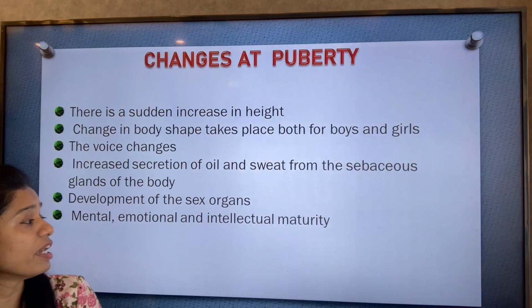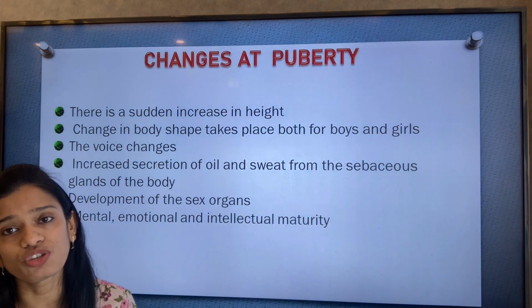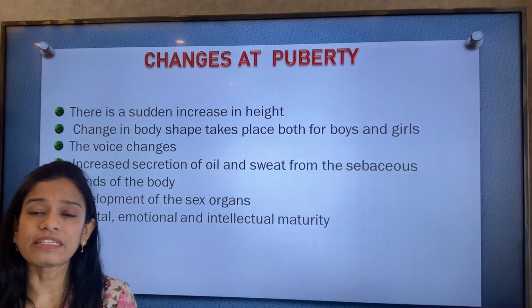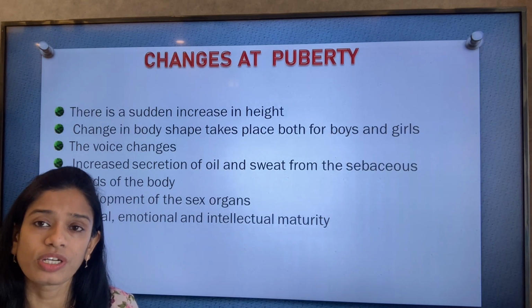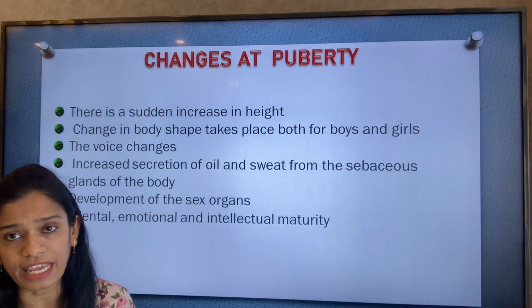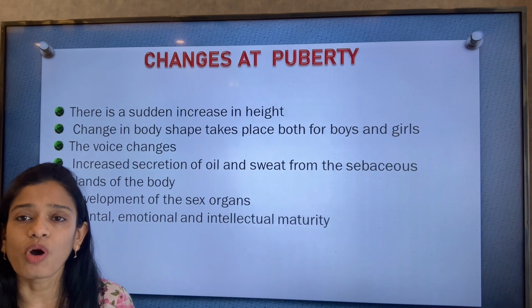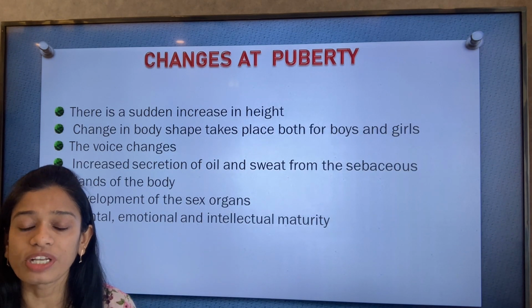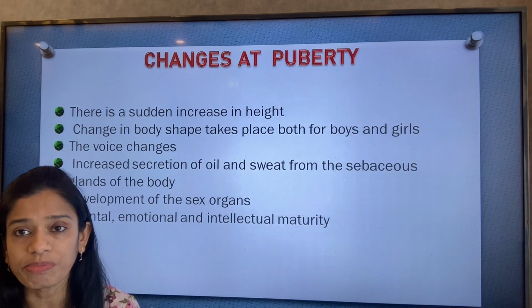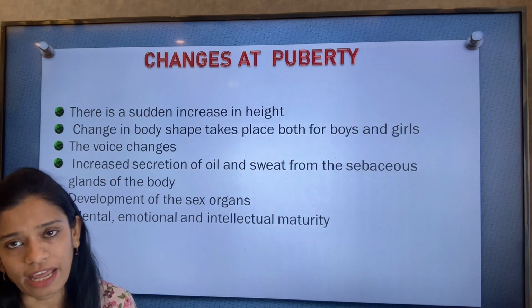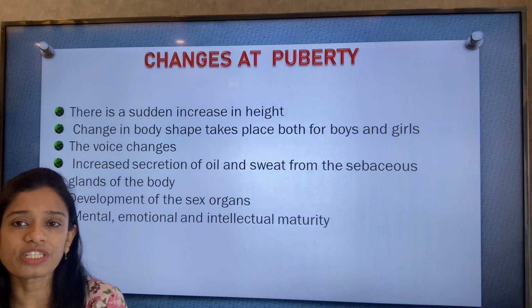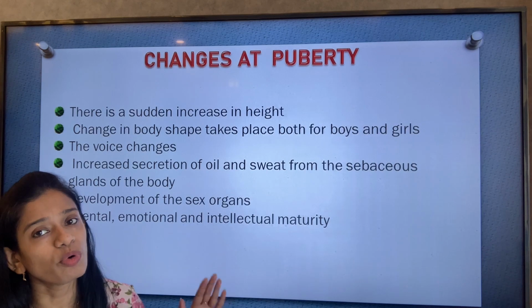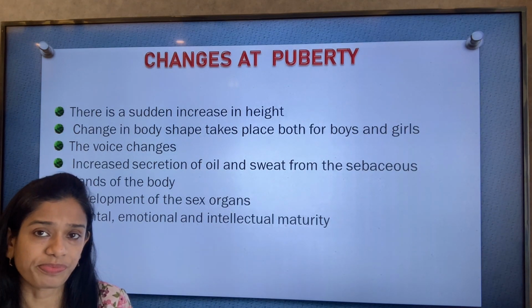And finally, mental, emotional and intellectual maturity also takes place at this age. Slowly boys and girls become emotionally and intellectually mature enough to understand life. So these are the changes that take place on the whole, both for girls as well as boys.